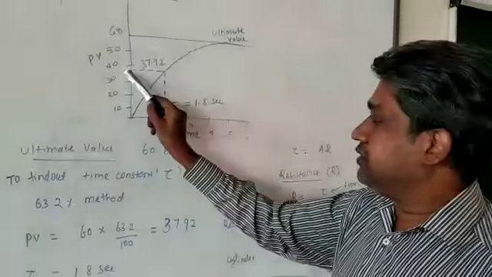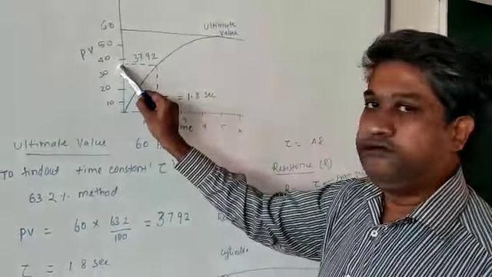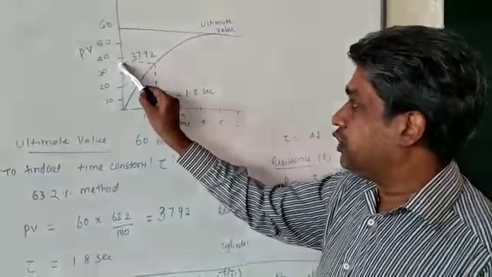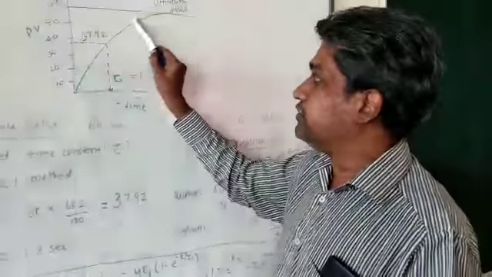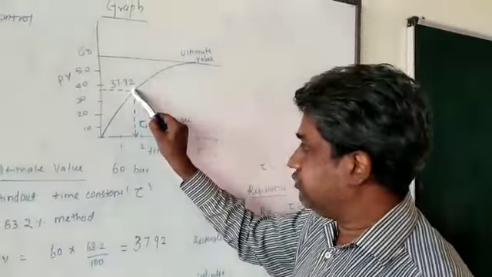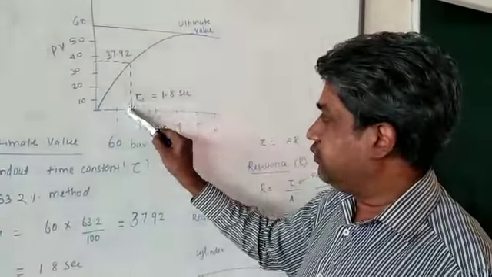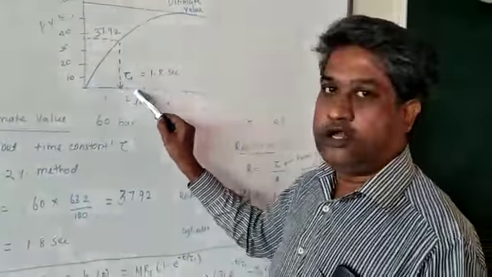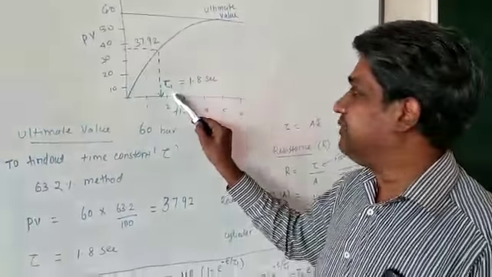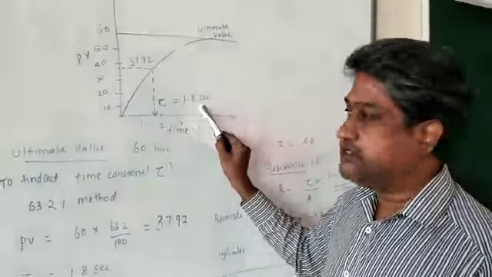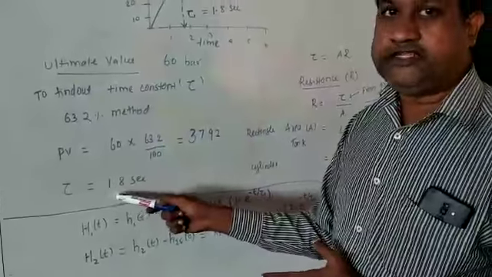Then on the y-axis, mark the value 37.92. You draw a horizontal line until it intersects your process curve, and then draw a vertical line downwards. Where the vertical line meets the time axis, that value is your one time constant. For example, let us say 1.8 seconds, so tau 1 is 1.8 seconds.